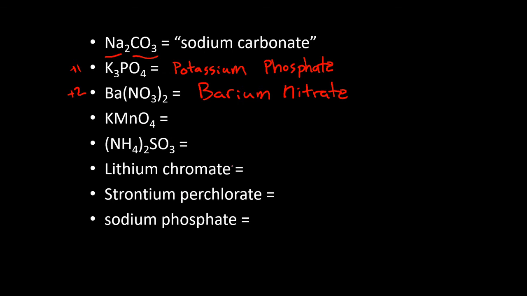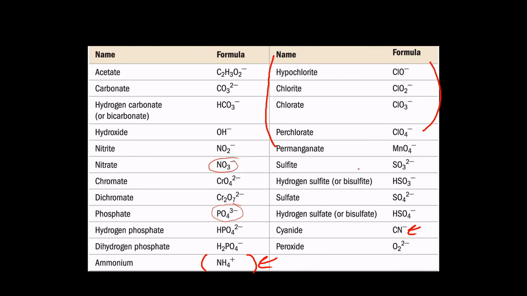So go ahead and try these last ones here. And actually, before you do that, let me work the first one that's written out, and then you can do the second and third one. So this is lithium chromate. We're asked to draw the molecular formula for these last 3 here. So we know we have lithium, and chromate, if you go back to the table here, let's see, where's chromate? There it is. CrO4, 2-.